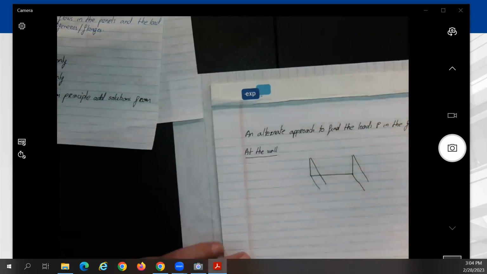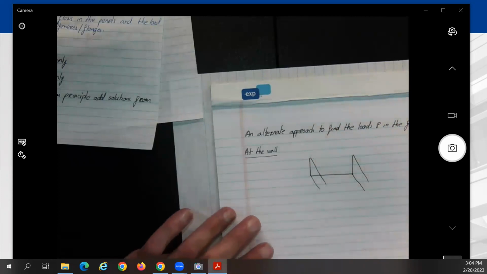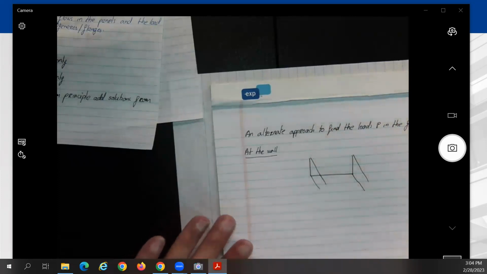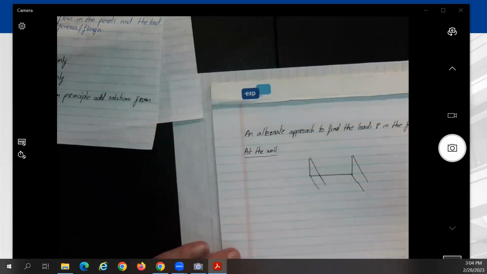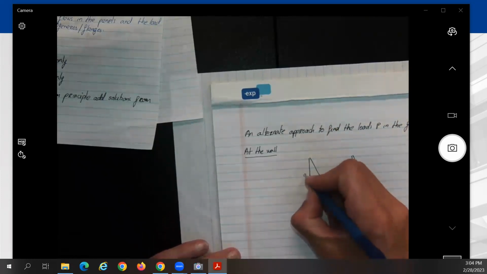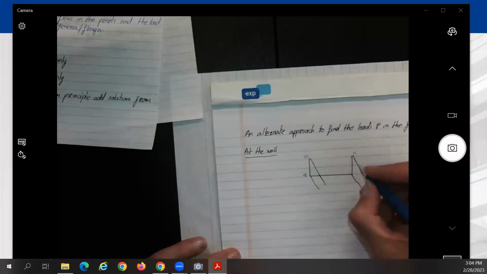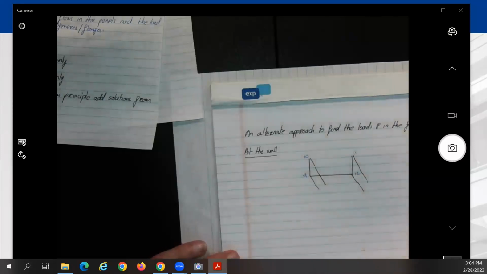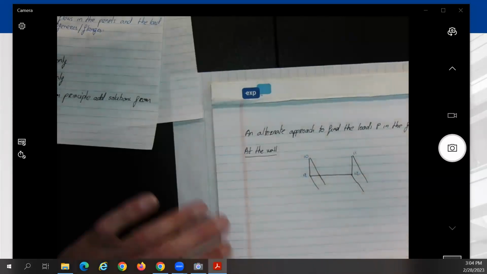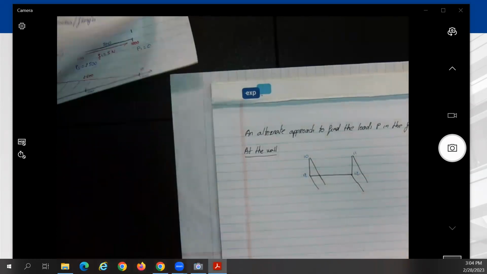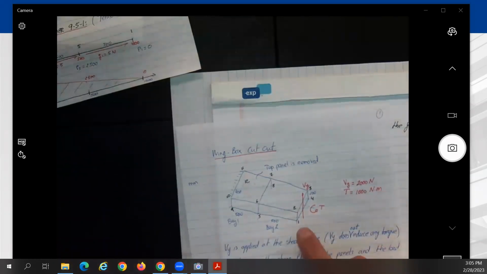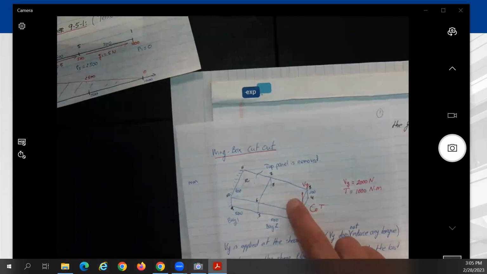Basically we're talking over here about points 9, 10, 11, and 12. We say over here that because of the way of the load, the bottom will be in tension, the top will be in compression.